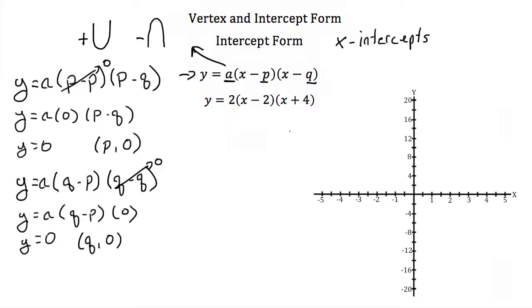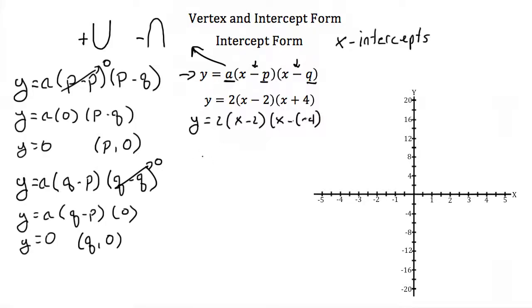So let's see how we can use this information to graph our quadratic equation. Here we have y is equal to 2 times (x minus 2) times (x plus 4). Well, notice these are subtraction signs. So if I rewrote this as y is equal to 2 times (x minus 2) times (x minus a negative 4), these negatives would cancel and we would get a positive.